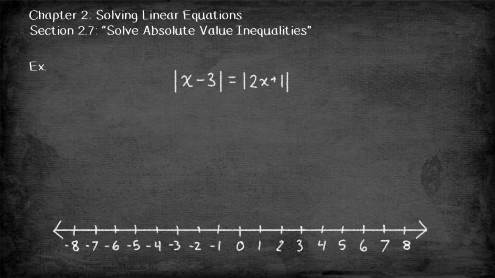And finally, we have absolute value of x minus 3 equals the absolute value of 2x plus 1. This is a little bit strange because we have absolute values on both sides, but it works pretty much the same way.